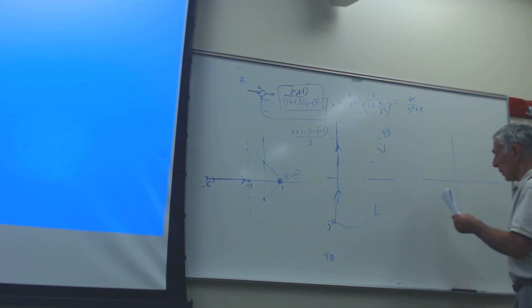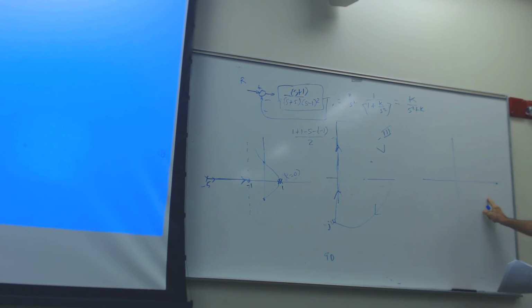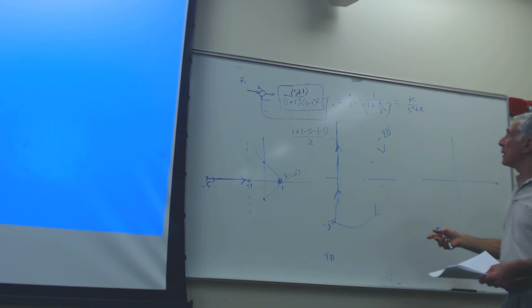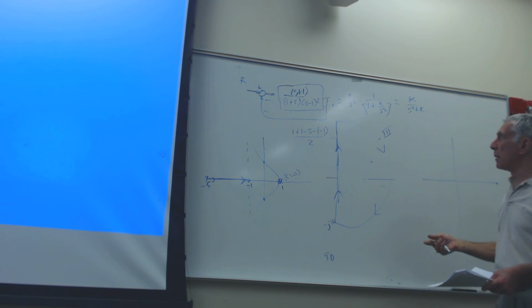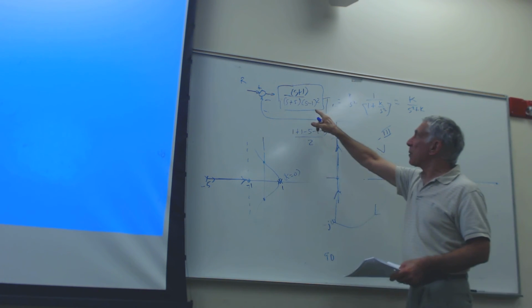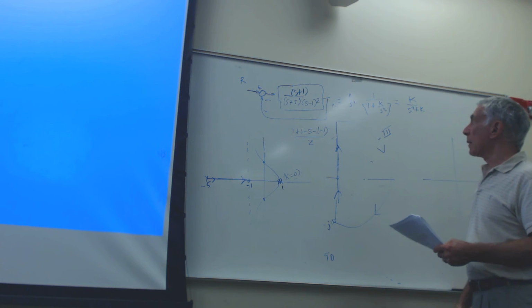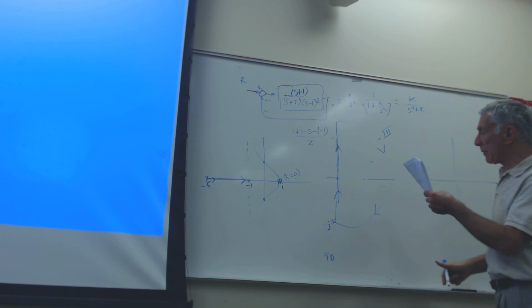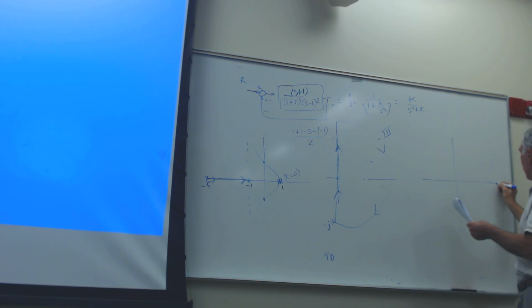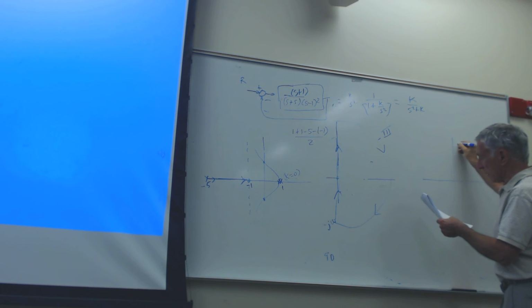Okay. So this is going to start out at a finite value there, in other words, when omega is equal to 0. Replace s by j omega, and with omega equals 0, you find that that's the finite value there, and it's going to wrap around like this.